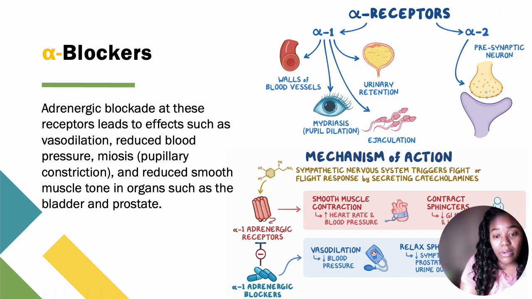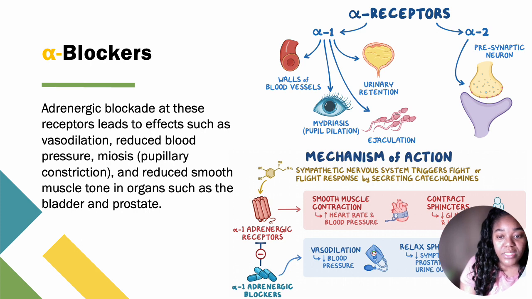So when we talk about our alpha 1 blockers, they lead to effects such as vasodilation, reduced blood pressure, and pupillary restriction. When the alpha adrenergics are stimulated and not blocked, they produce effects such as vasoconstriction, higher blood pressure, and pupillary dilation. So again, this is the reverse effect. When we have an alpha blocker, we have vasodilation, reduced blood pressure, and pupillary constriction at these sites.